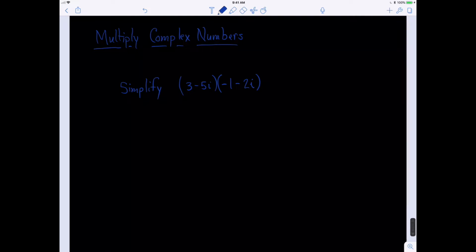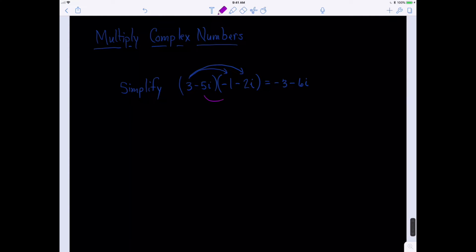So when we multiply these, it works as you probably expected, in that we distribute the 3 through the parentheses. So 3 times negative 1, that's negative 3. 3 times negative 2i is minus 6i. And then we use another color, and we distribute the next piece in the parentheses.